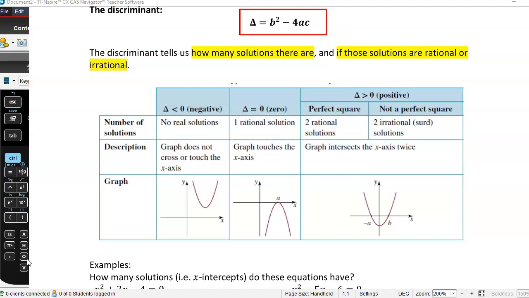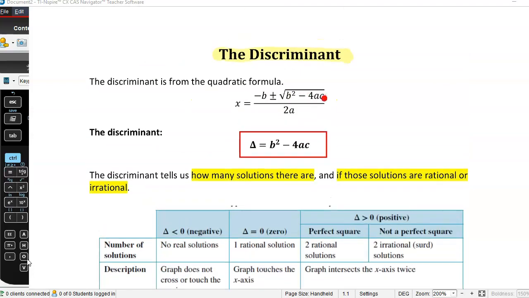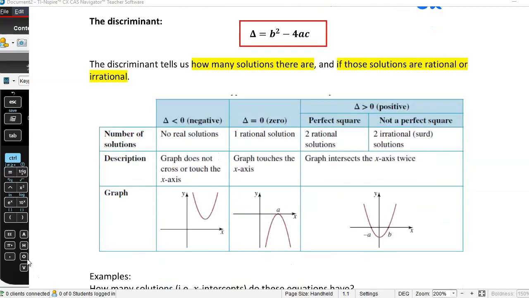If our discriminant is equal to 0, that part under the square root sign is 0. So x is just equal to negative b over 2a.